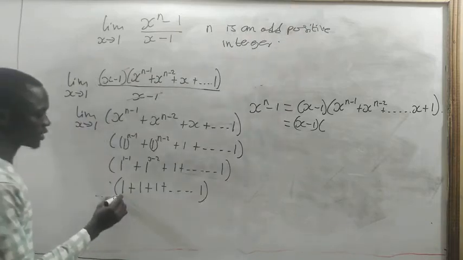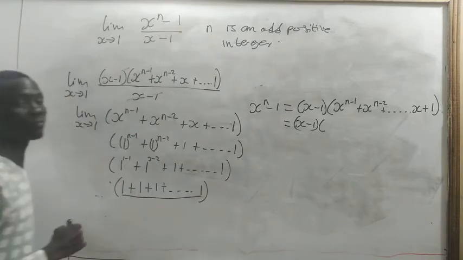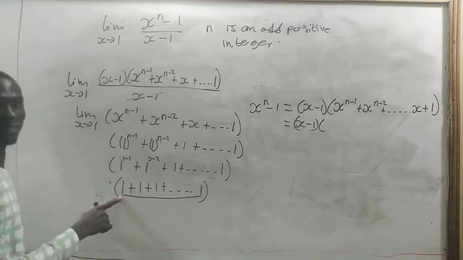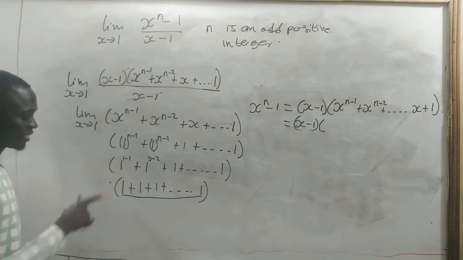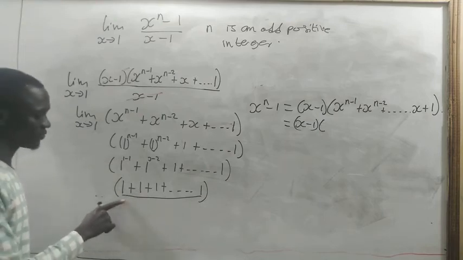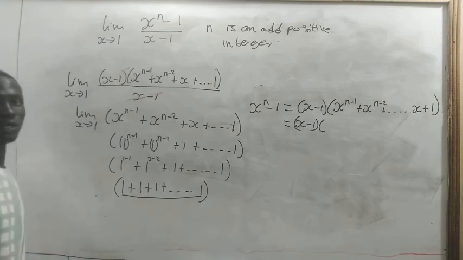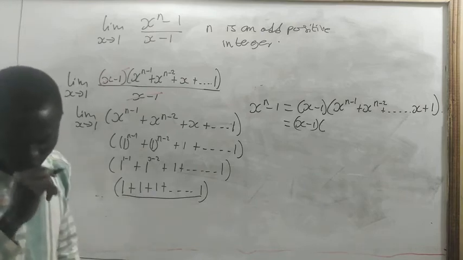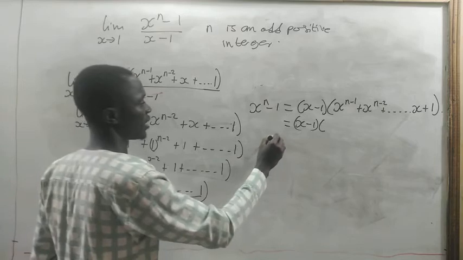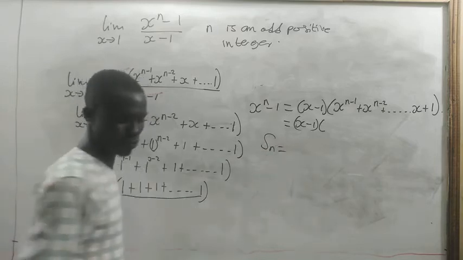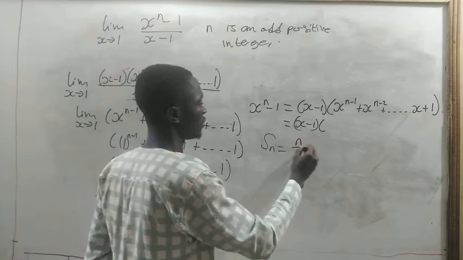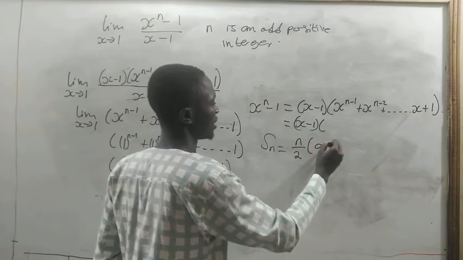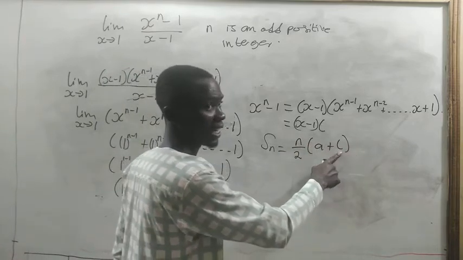So how do we simplify this? Remember that this is a sequence, and it is a linear sequence. So let's find the sum. The sum will give the answer to our question. For a linear sequence, we have Sn equal to n divided by 2 times (a plus l), the first term plus the last term.